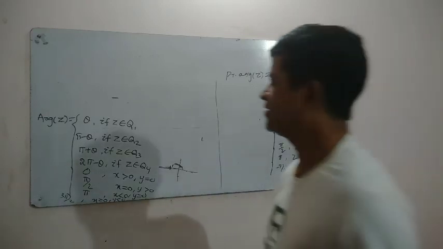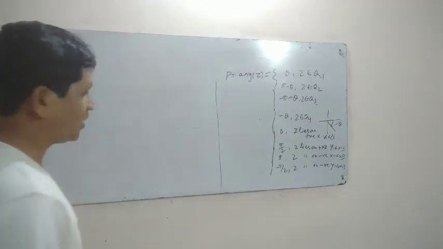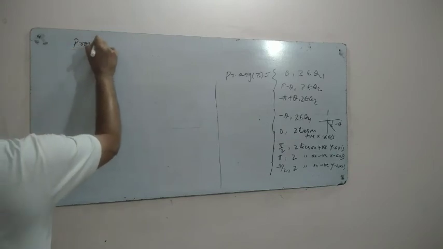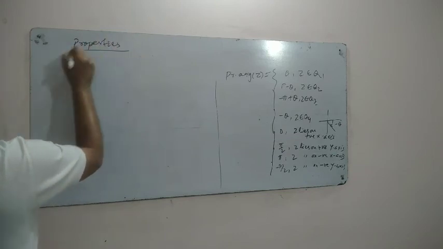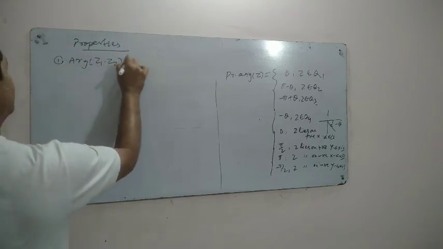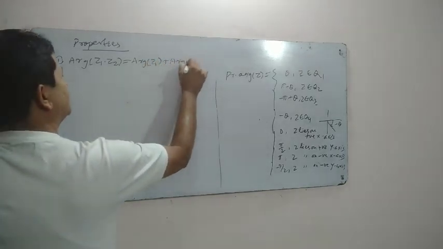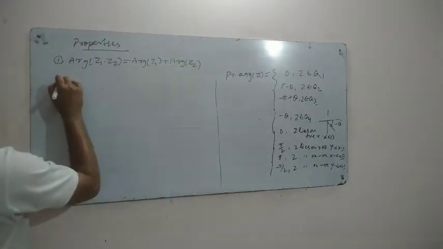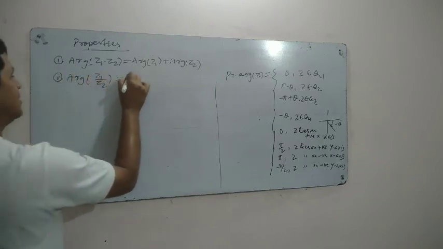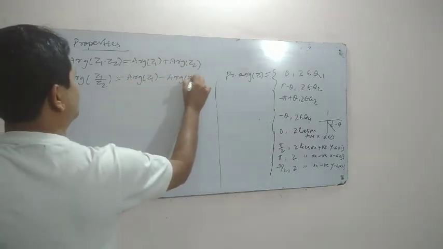Now we discuss the properties of argument. First, argument of z1 into z2 is equal to argument z1 plus argument z2. Second, argument of z1 by z2 is argument z1 minus argument z2.